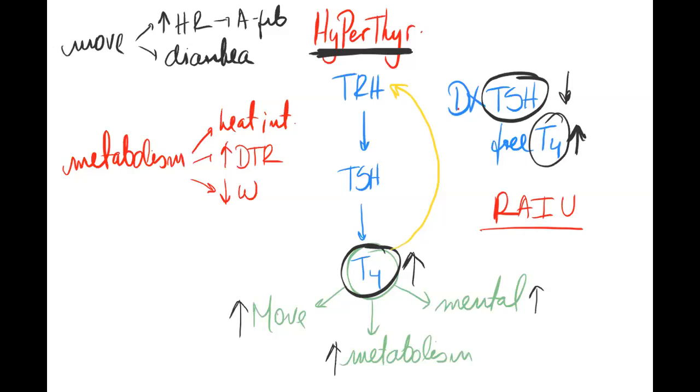So through the radioactive iodine uptake, we are able to identify the different causes of hyperthyroidism. We are able to see 6 different causes of hyperthyroidism.